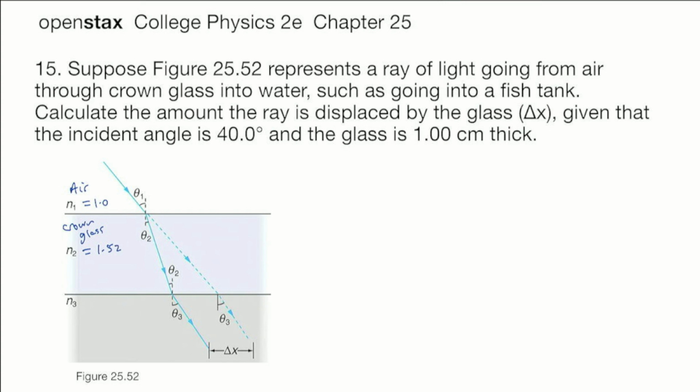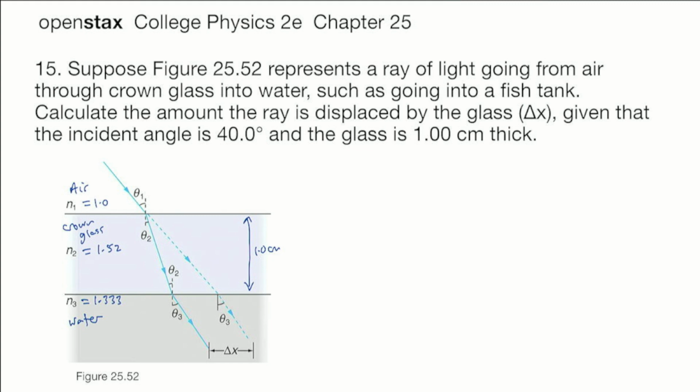And then the layer with N3 is the water, and the index of refraction N3 is 1.333 for water. And then we also know that this bluish layer is 1.0 centimeters thick.